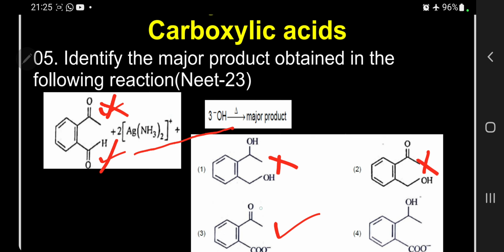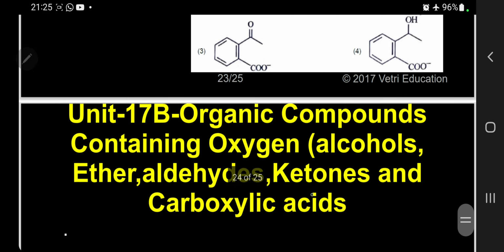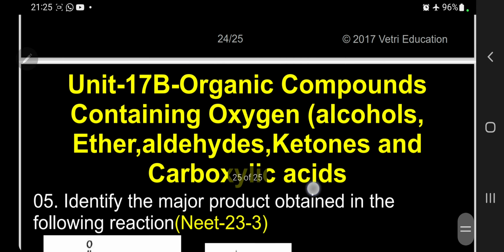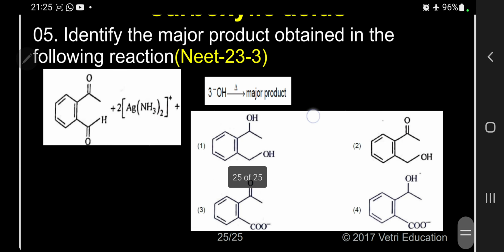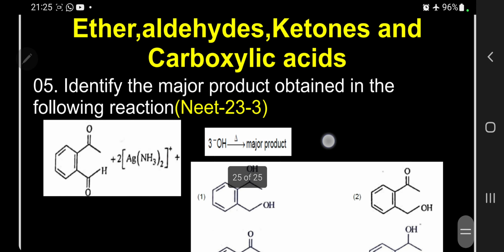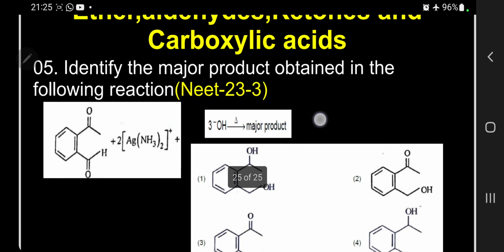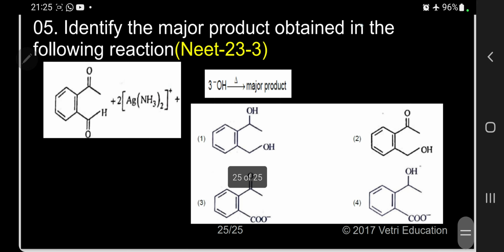Here the aldehyde, the ketone is converted into alcohol, it is also not correct. So the correct answer is 3. So we will verify from the options given now. So the answer is 23C. 3 is the correct answer.